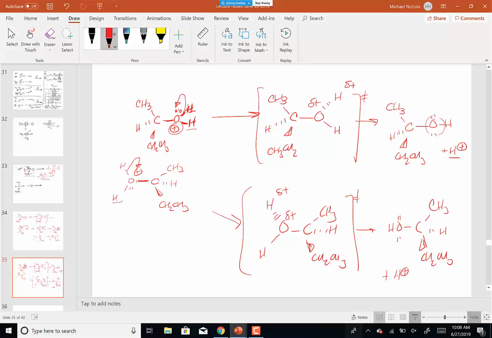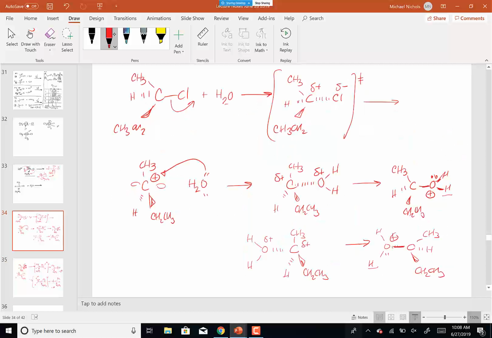For the most part, I'm showing you the complete mechanism because that's what I want to see. Both the R and the S have the OH in the plane. Yes, because the way I had the transition state, those bonds were up and down.